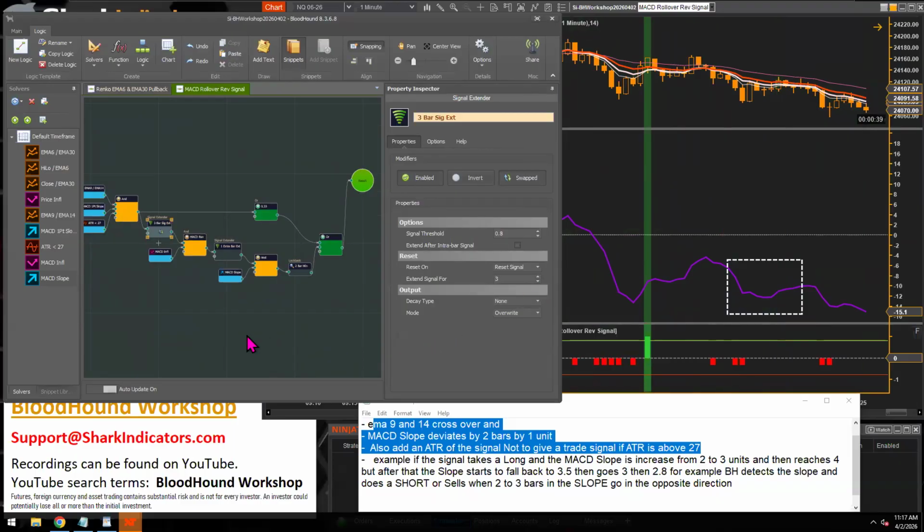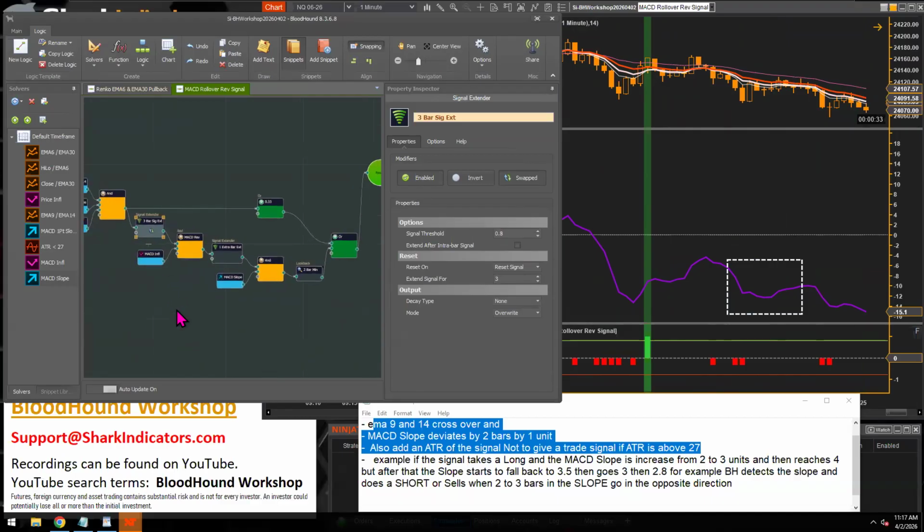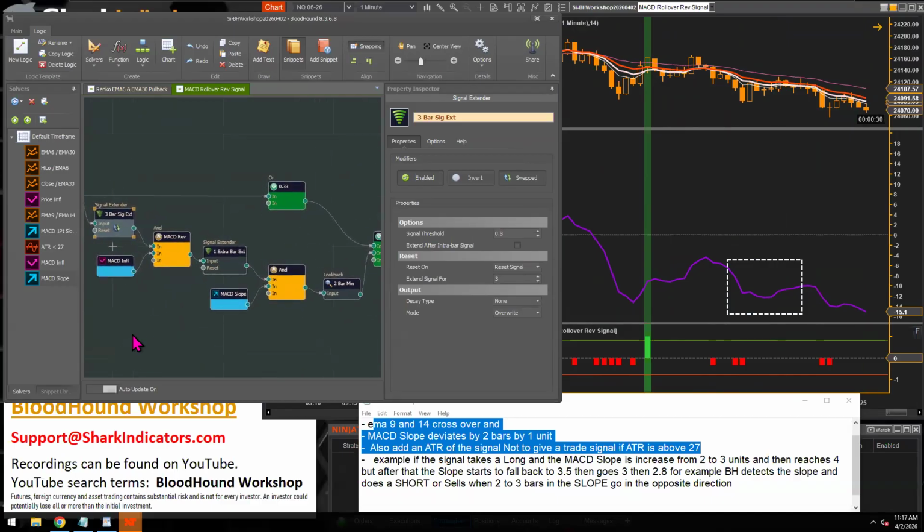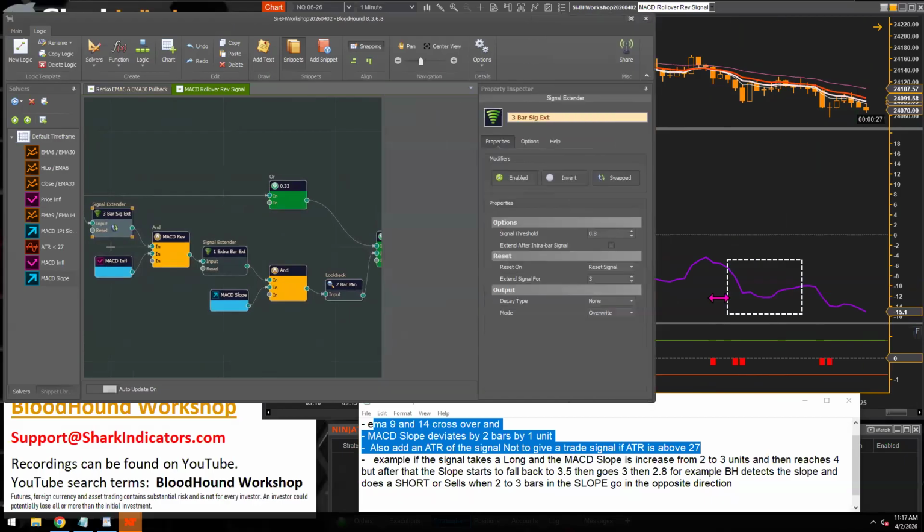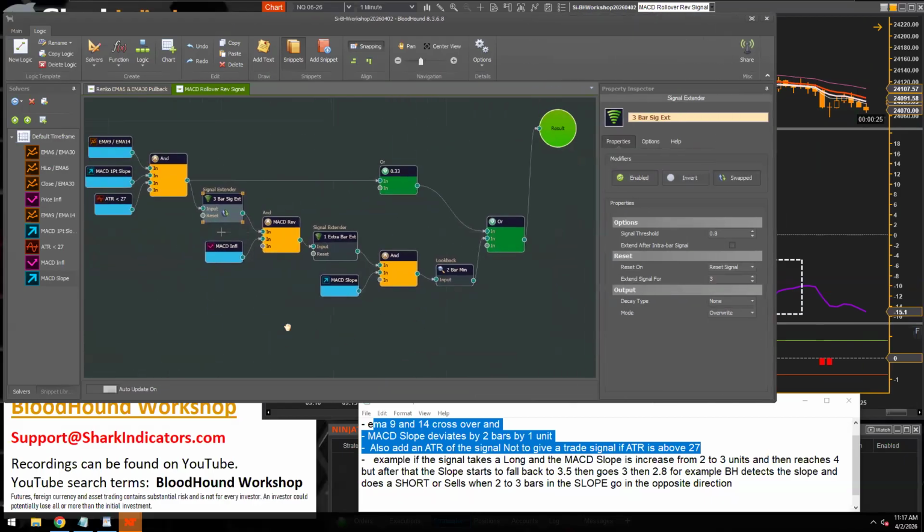So, yeah, again, to reiterate, you're just going to have to fine tune all of these. Let's stretch this out here. You're going to have to decide on what these signal extenders, how far they should be allowing. Let me rephrase that a different way, right?